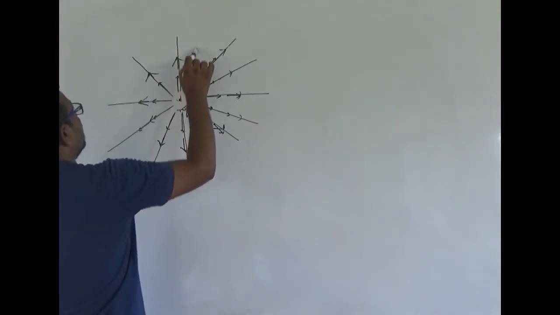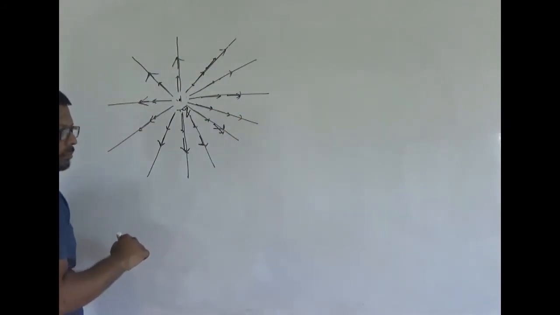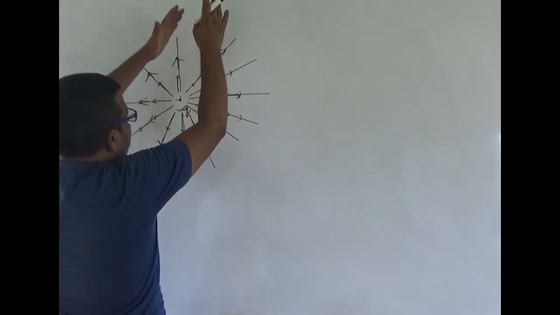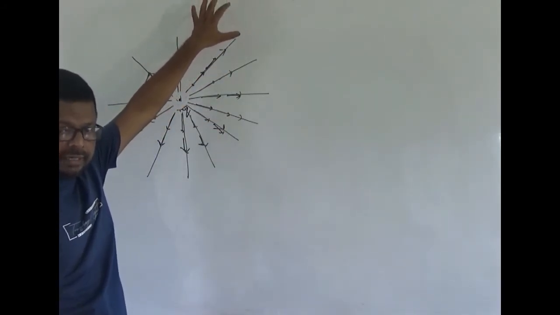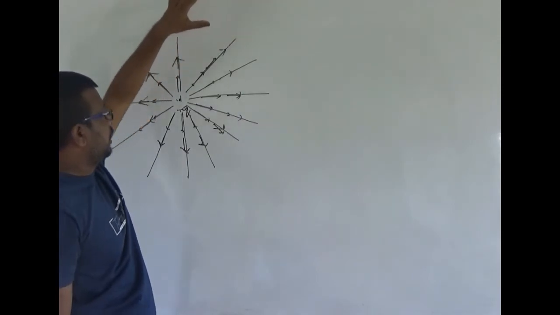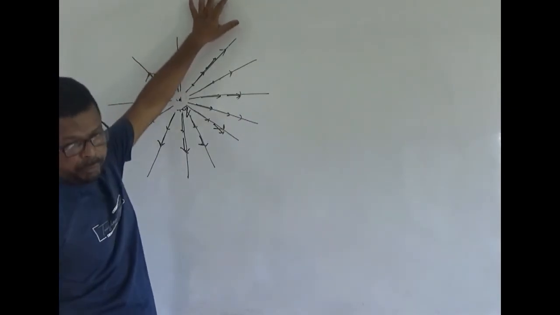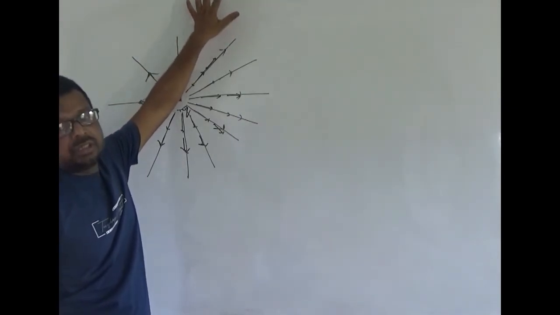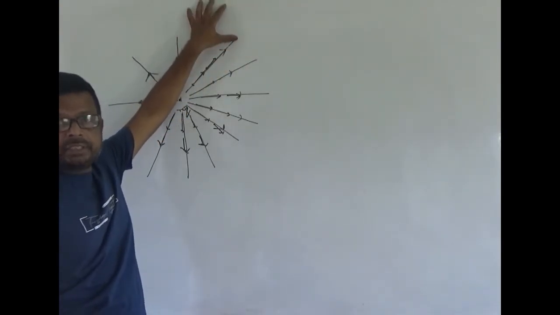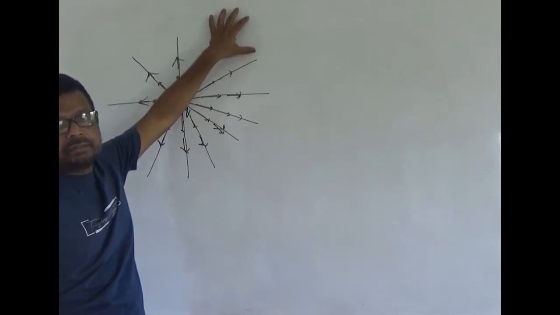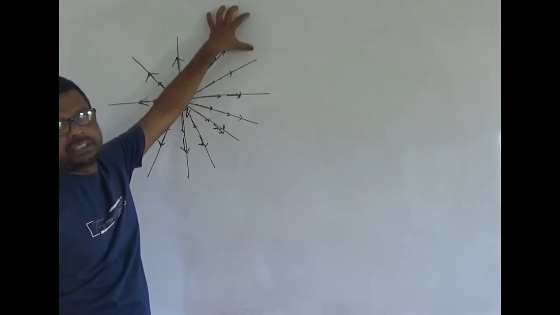If we go further, then field lines are again spreading, more spread. That means if we go away from a point charge, field lines are spreading out. That means on that region the electric field intensity decreases.